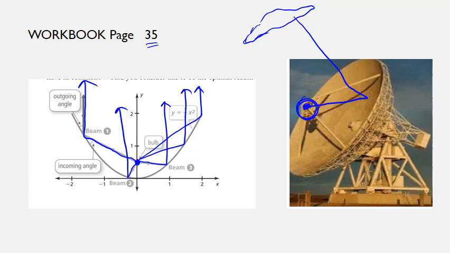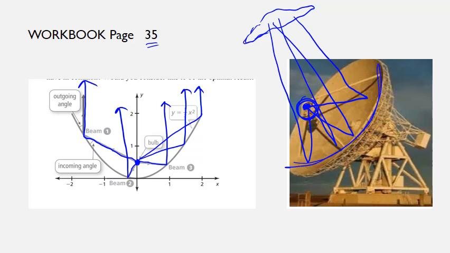This focal point is what sends it into your TV. So it could come at any different angle, and it's going to bounce off of that. This parabola is made to catch those signals and send them to the focal point. So whoever engineered this has to have the focus in the right place. Otherwise, the signal is going to be way off.